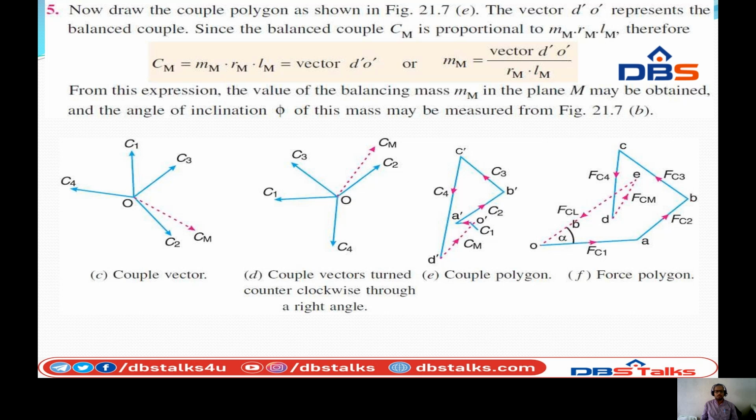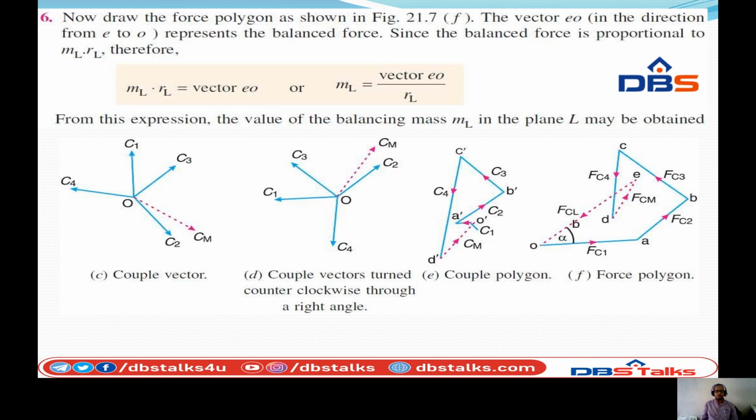So we have to take up the force polygon. Now draw the force polygon. In the force polygon, shown in figure F, the vector EO, in the direction from E to O, represents the balancing force, since the balancing force is proportional to ML and RL.